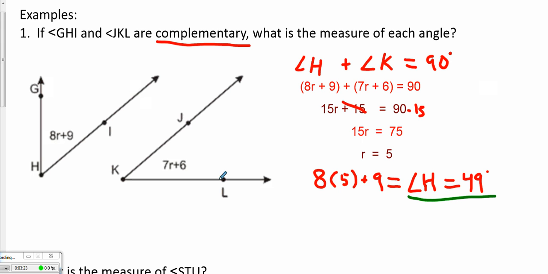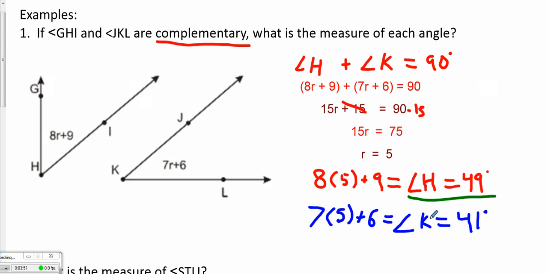Let's do the other one. 7r plus 6, well, we figured out that r is 5, so 7 times 5 plus 6 equals our angle K. 7 times 5 is 35, plus the 6 is going to be 41.